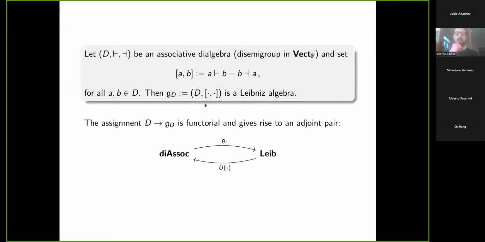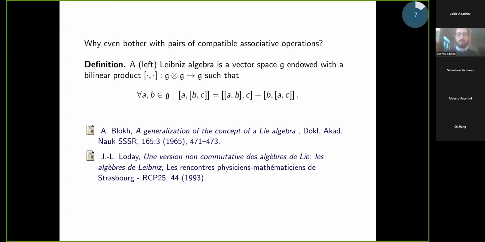Leibniz algebras are interesting because they can be thought of as non-commutative versions of Lie algebras, or better, Lie algebras can be interpreted as an alternating version of Leibniz algebras.